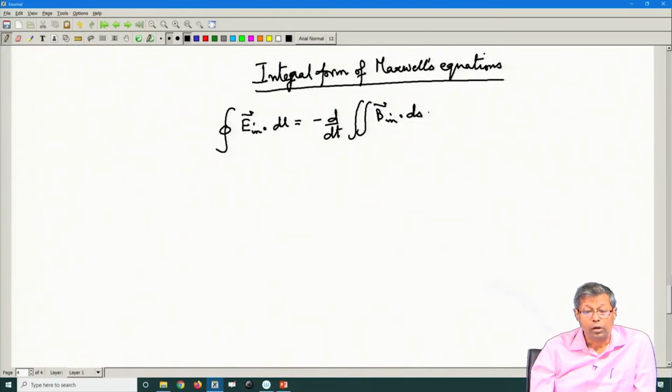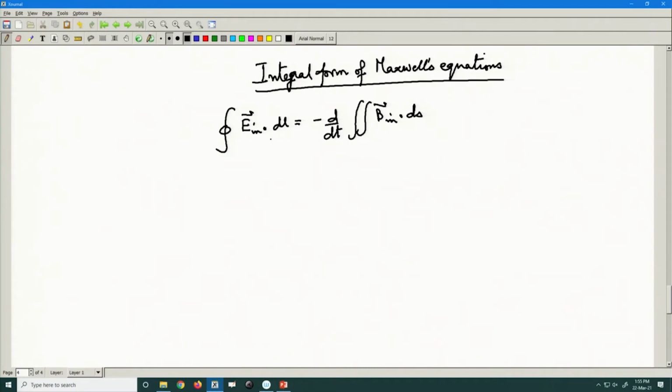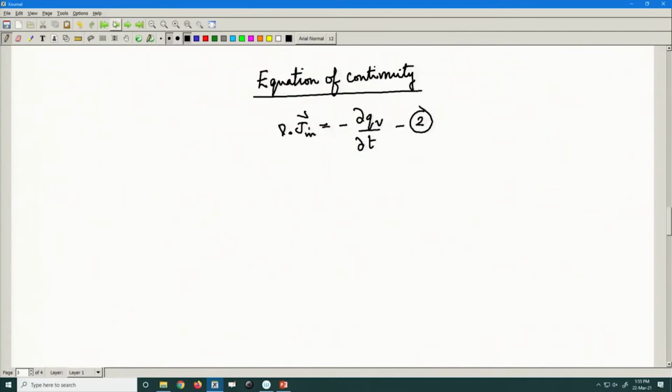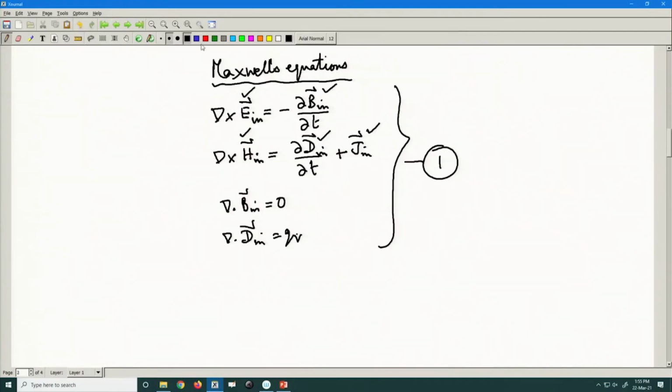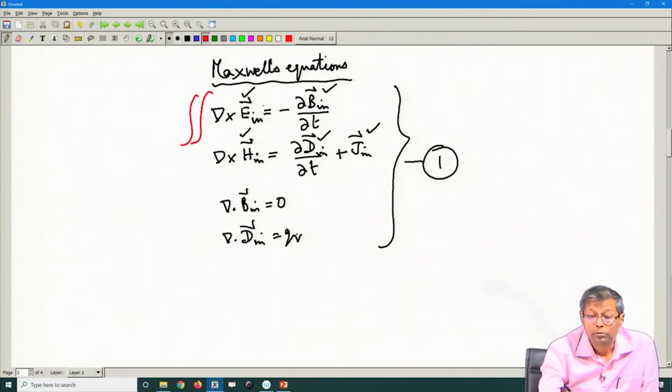So, I think we all understand that when we take the double integral of the first equation on the left hand side, we take a double integral here dot ds, and we take a double integral here dot ds.